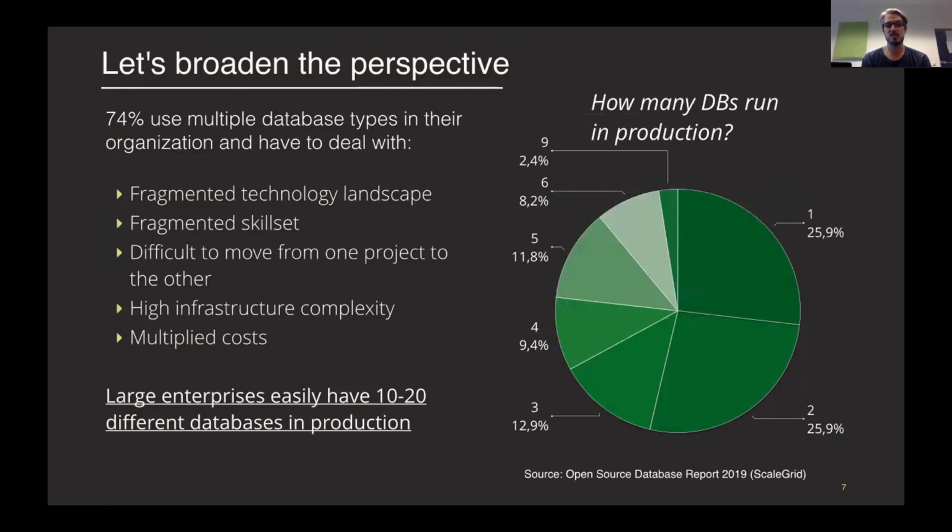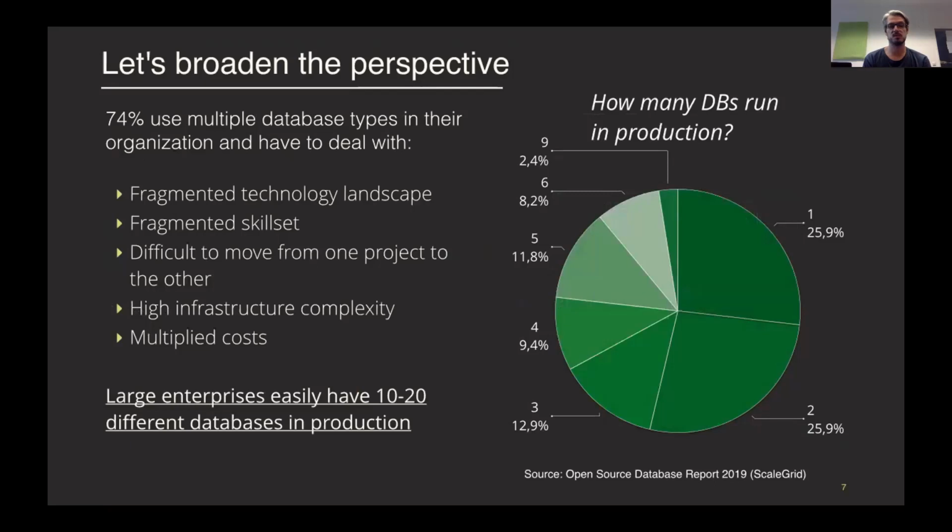And this, of course, has various disadvantages. You have a fragmented technology landscape. The skill set of your development team is rather fragmented, which makes it difficult to assign the different teams to new projects. Of course, a high infrastructure complexity comes with that.